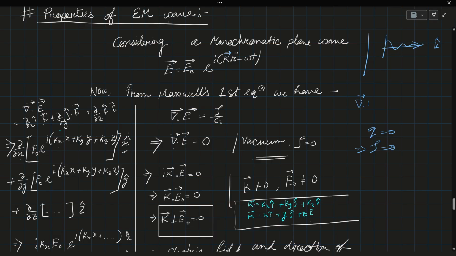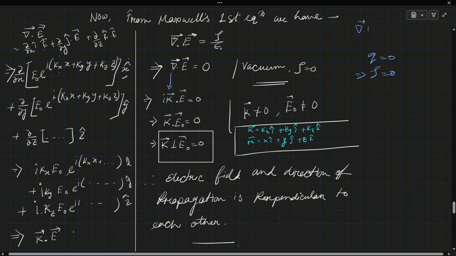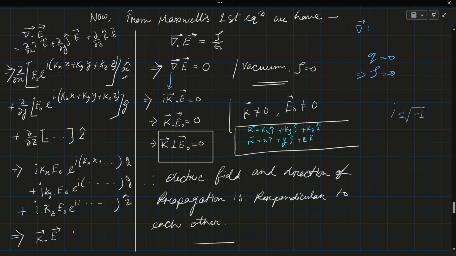Now what I have written is that del is replaced by ik. How I am getting this, I will talk about later; for this time you just consider it. So del dot E will be replaced by i k dot E, where i is iota, the square root of minus 1.